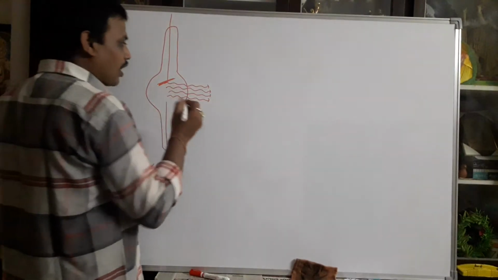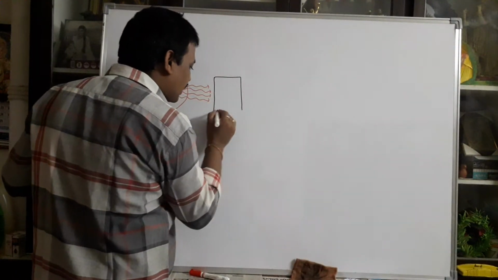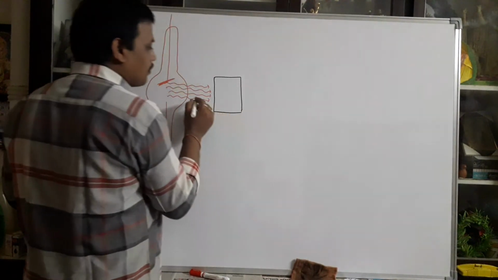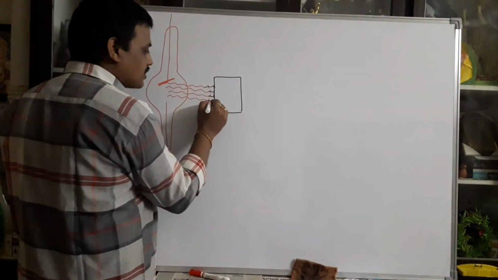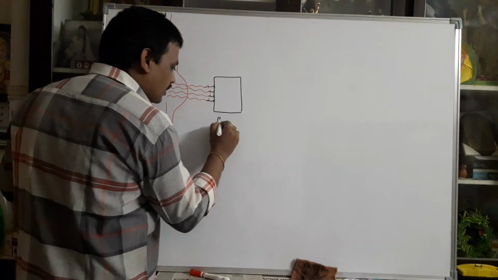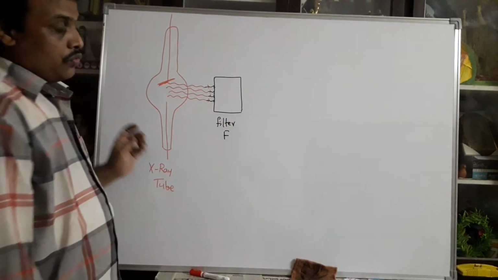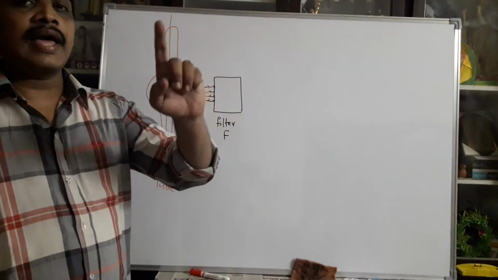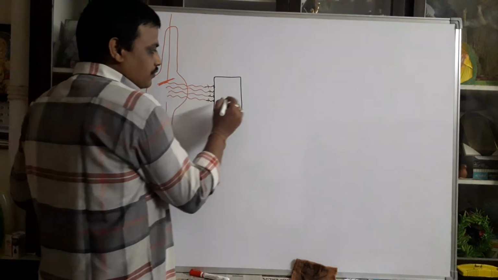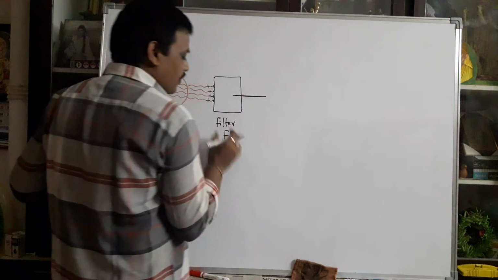In this filter, a number of X-ray beams are incident. I am showing 4 beams incident. This is the filter. The output of the filter is a monochromatic single X-ray beam. Out of these 4, only a single X-ray beam comes out of the filter.